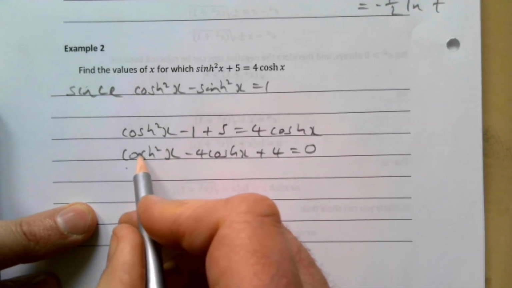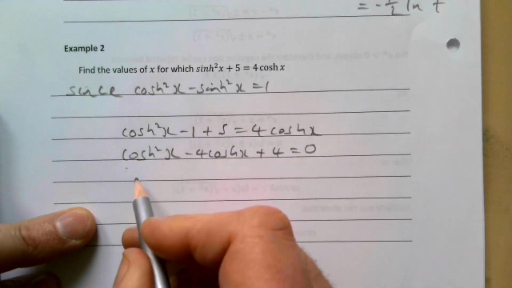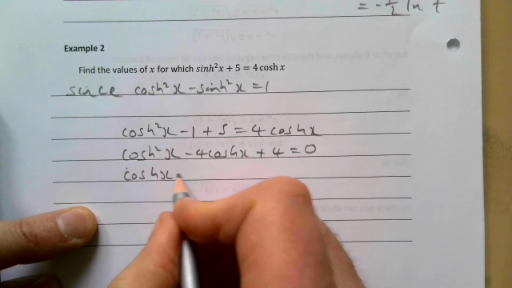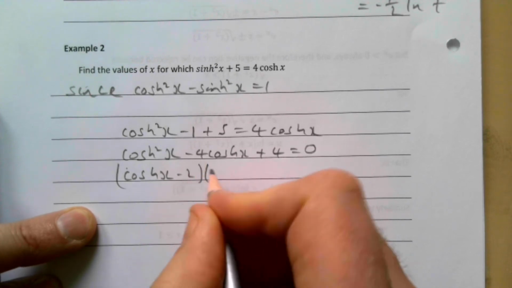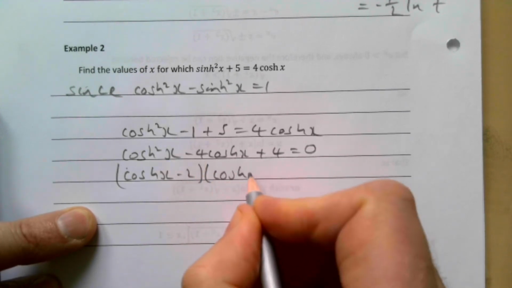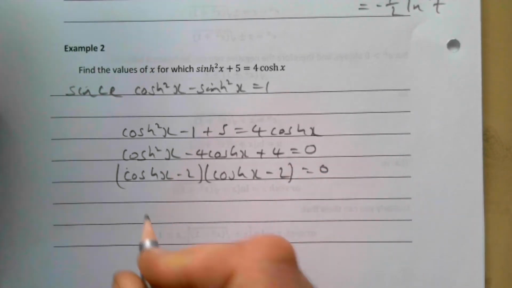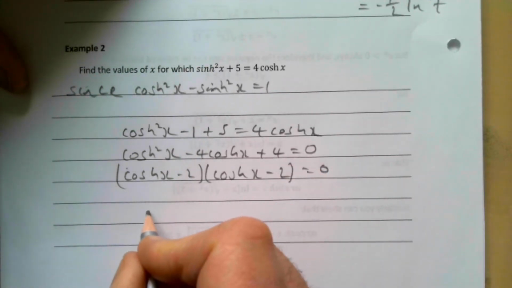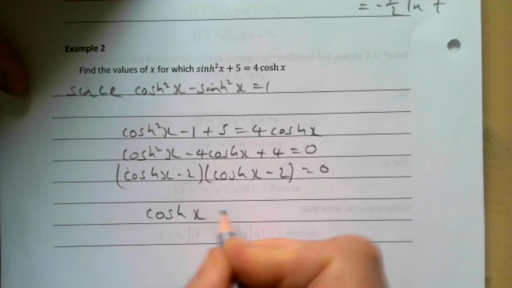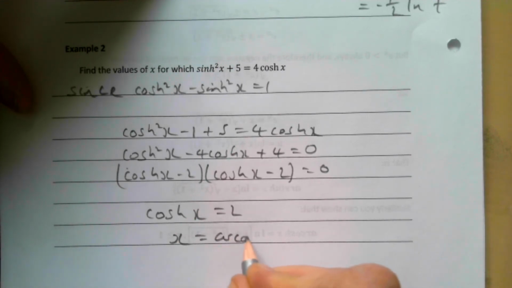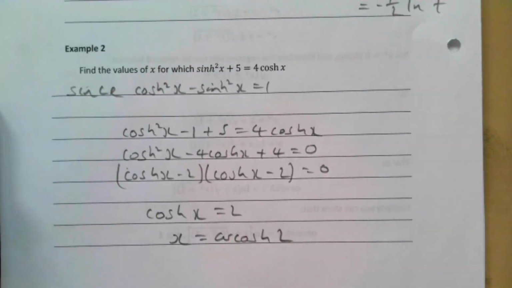Some people might want to put a wee t in there and change it back again. But we effectively get (cosh x minus 2) squared. So we get cosh x is equal to 2. So x is arcosh of 2.